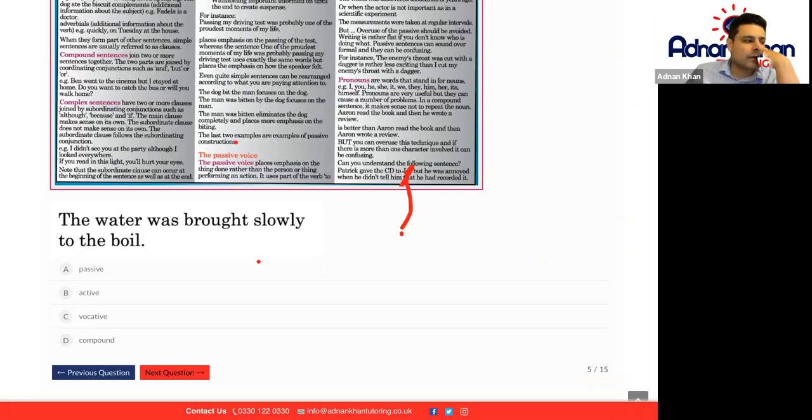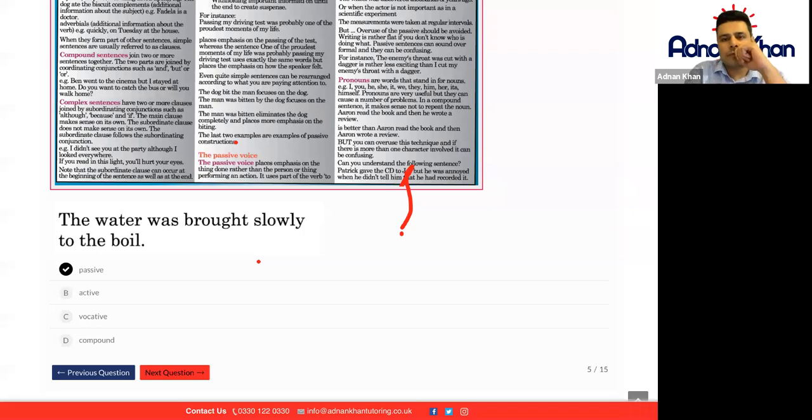Have a look at this, Eliora, and see what you feel about this. So remember here, I'll give you a clue. This particular sentence places more emphasis on the thing rather than the person or thing performing the action. So this particular sentence is passive. Could you explain that in a bit more detail? What on earth does passive sentence mean?